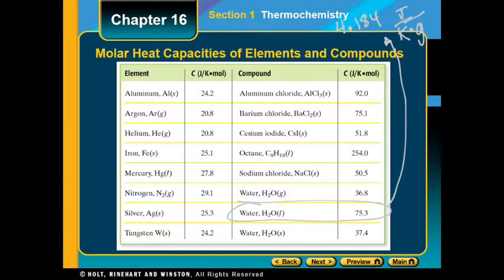So you will see that 4.184 often, but notice again that the unit is per gram instead of per mole like this chart has.